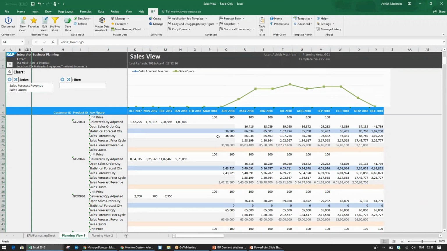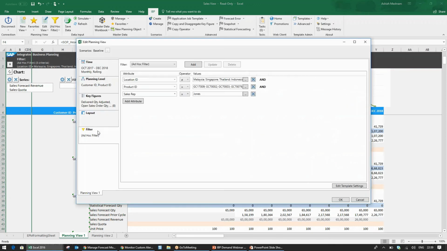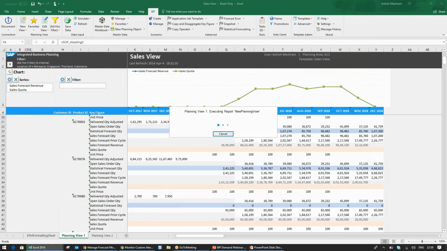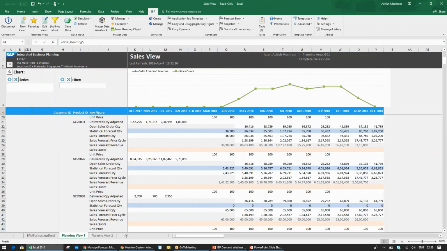So as a sales representative, one has an option to filter by his name to check his quota for a particular period of time, and he can have a look at his number, comparing the sales forecast revenue with the sales quota.